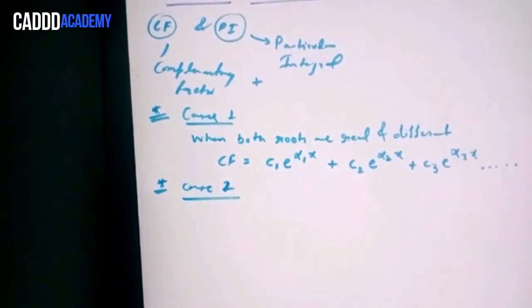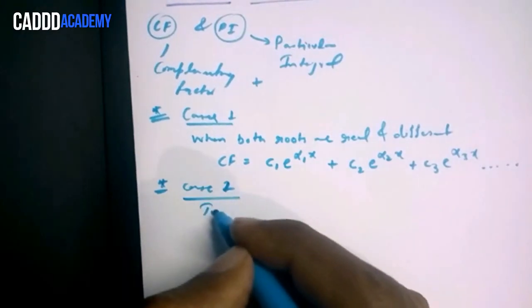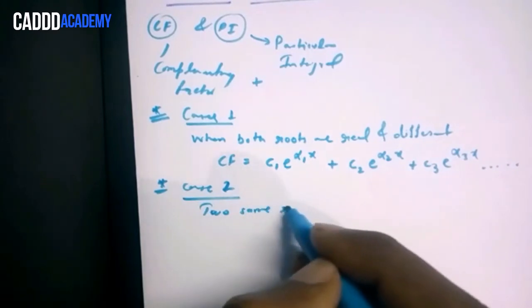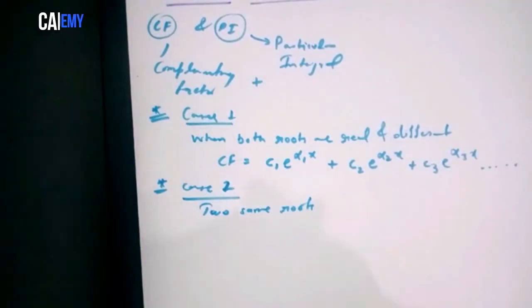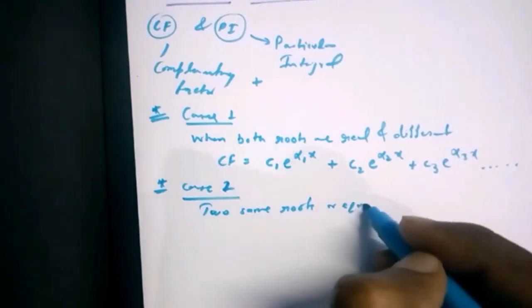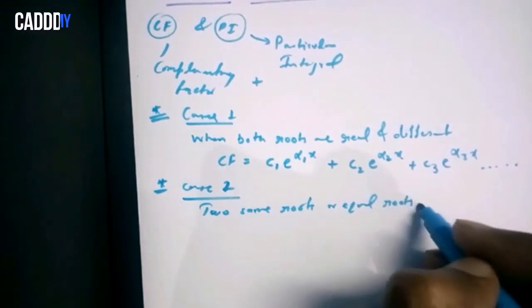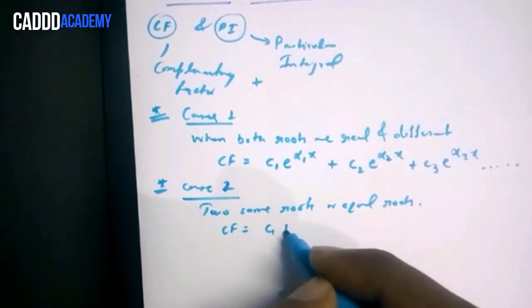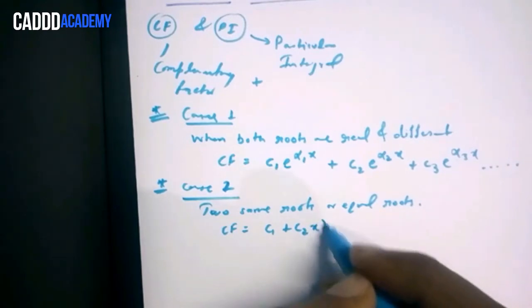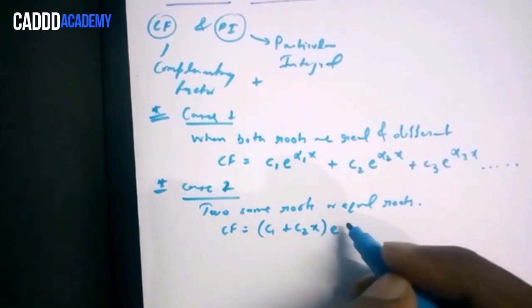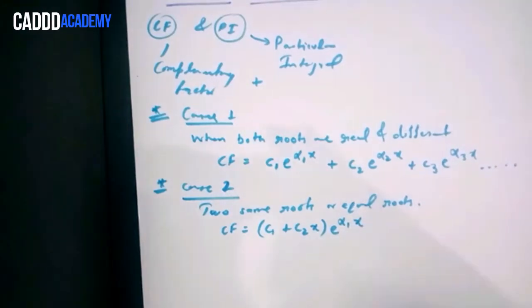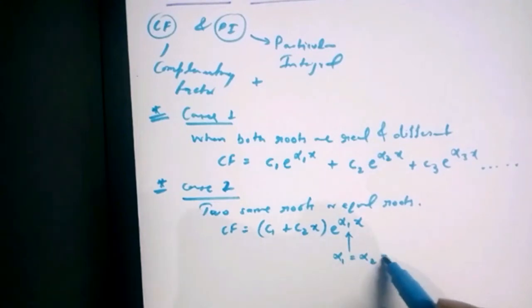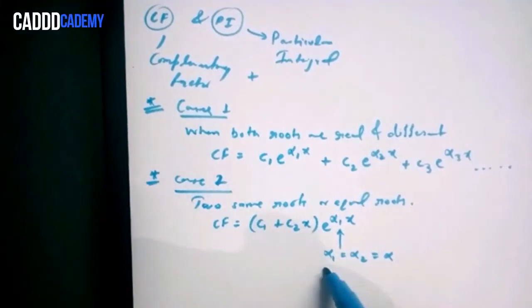If we have two same or equal roots, then the complementary factor is C1 plus C2 x into e to the power alpha x. This alpha is the same as alpha 1 and alpha 2, because we have the same roots.